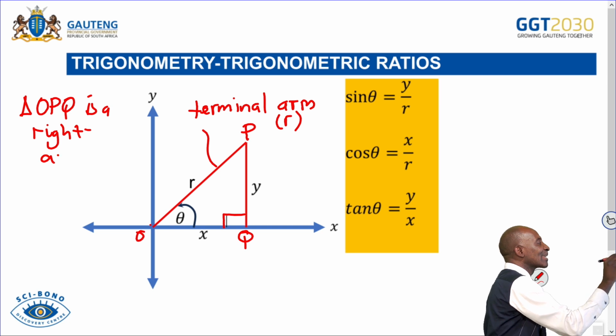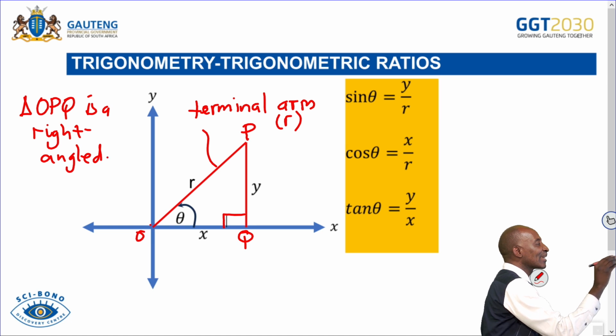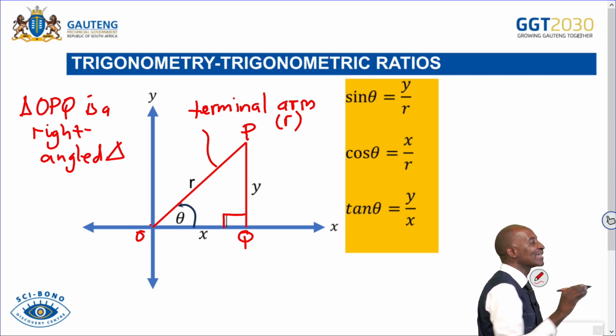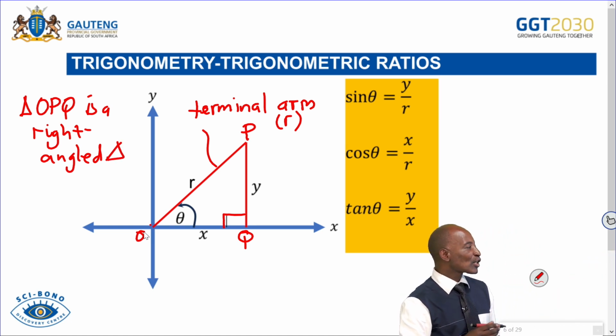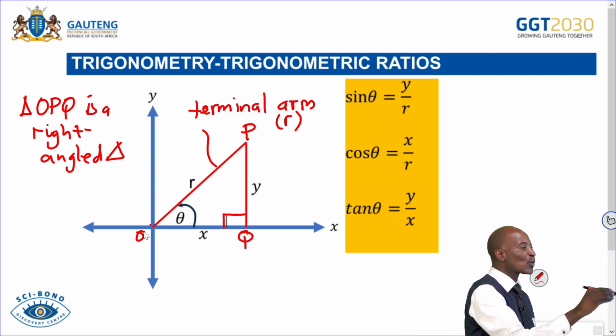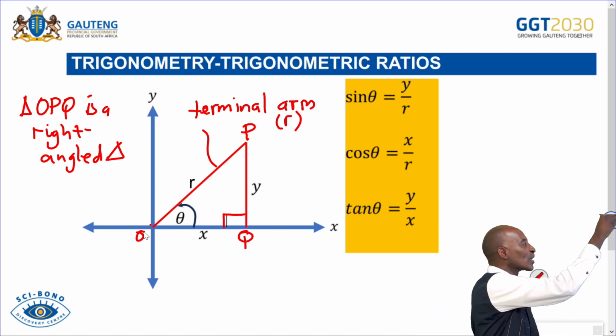It's a right-angled triangle because it contains a 90-degree angle.